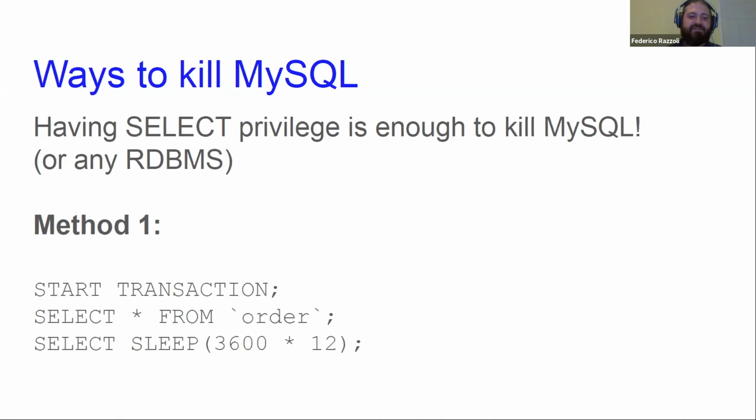The simplest method ever is you start a transaction, you read, for example, all data from a big table, in this case order, and then you wait for a long time, in this case I said half a day.